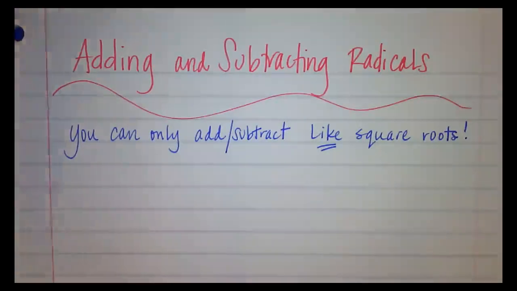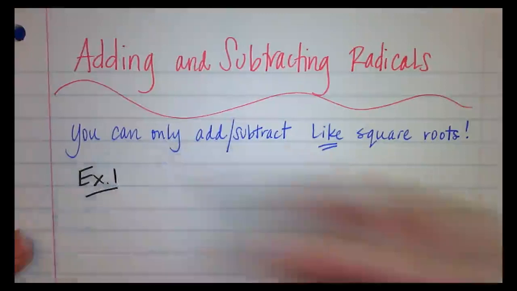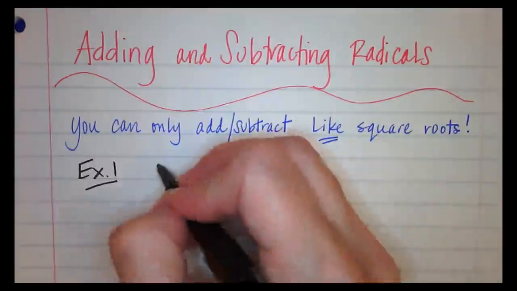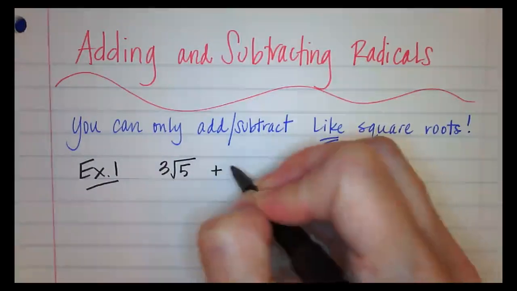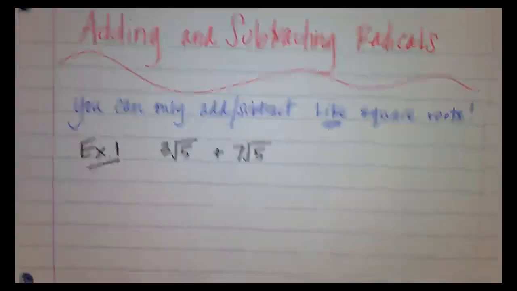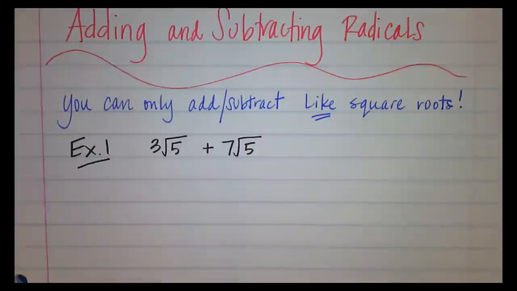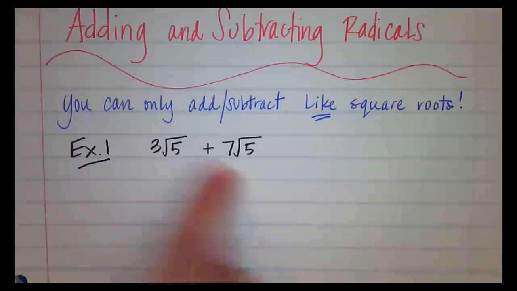All right, so here we go. Let's try one. For example 1, let's say we have 3 square root of 5 plus 7 square root of 5. What we want to do is take a look at what we're trying to add together. Here we have 3 square roots of 5, and we're trying to add it with 7 square roots of 5.